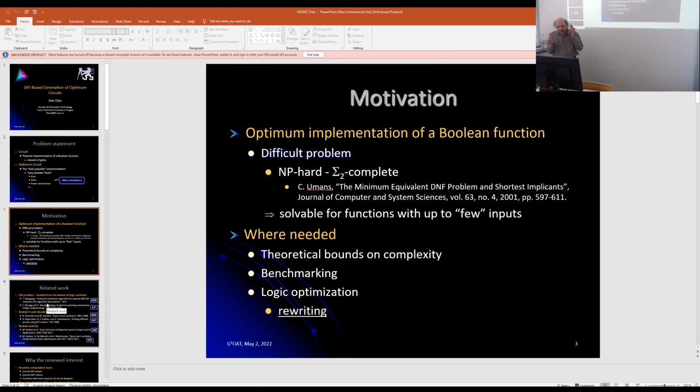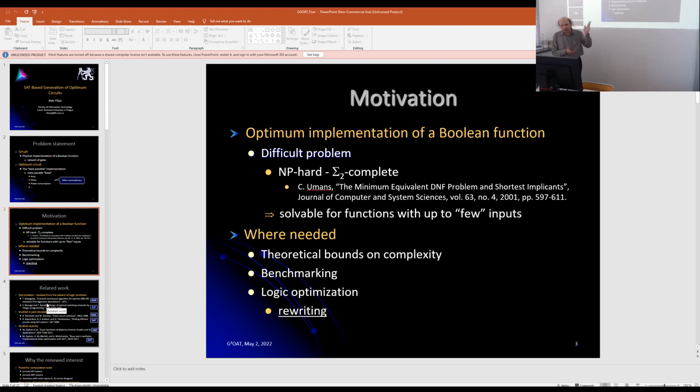Where is it needed? First of all, of course, in theory. By proving that a given function can be implemented by such a limited number of gates, you can prove circuit complexity, so theoretical bounds. Of course, for benchmarking, you have the lower bounds, the optimal.